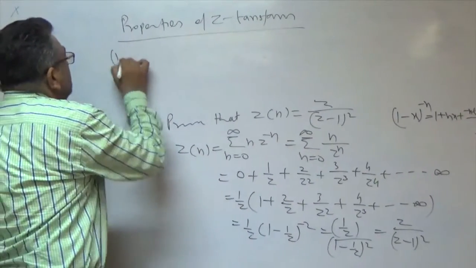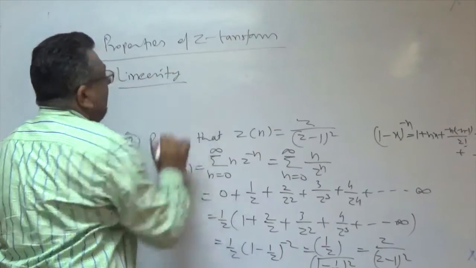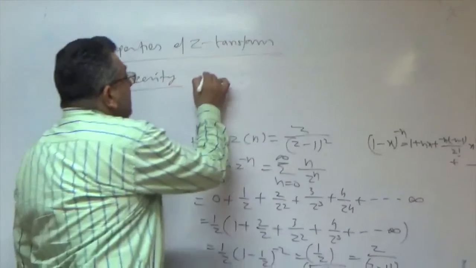First property is linearity. What is the statement of the property?